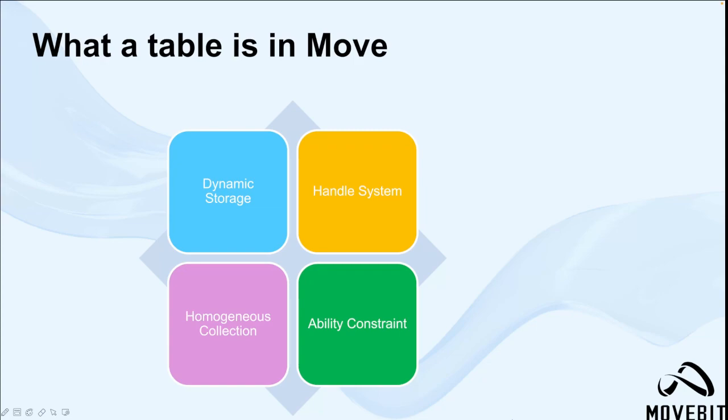In summary, a table in Move is a powerful data structure that provides dynamic, type-safe storage of key-value pairs, with the capability to enforce specific abilities on the keys and values it stores. This makes it a valuable tool for many kinds of programming tasks in the blockchain context, especially those requiring efficient, flexible, and type-safe data storage and retrieval.